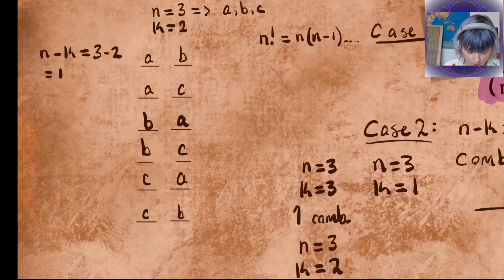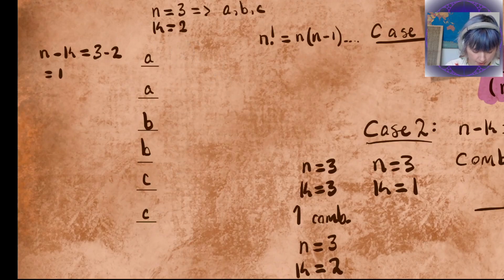Now we're going to take away another column. That means the size of our unique arrangements is now, so then n minus k is equal to 2.